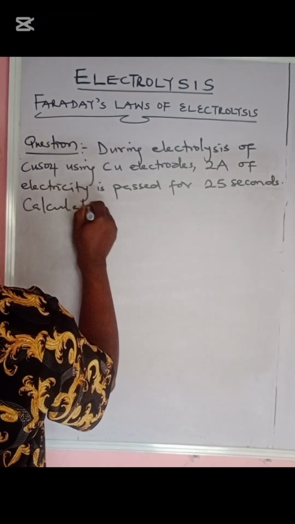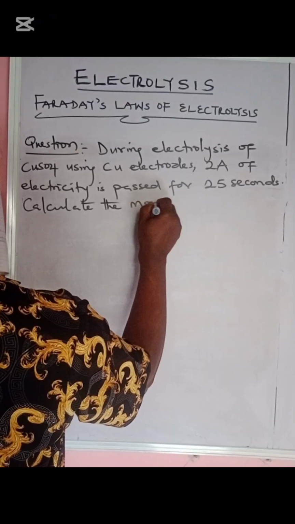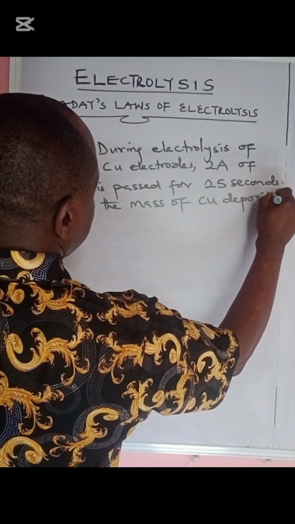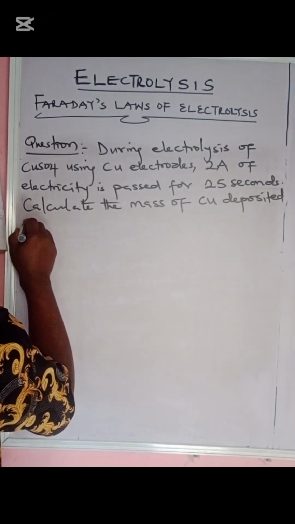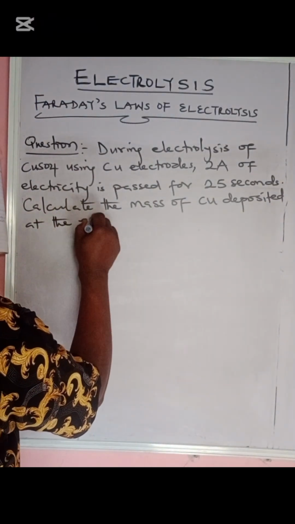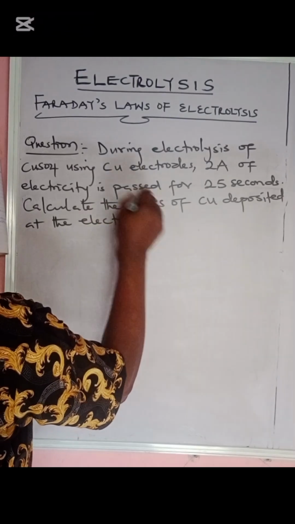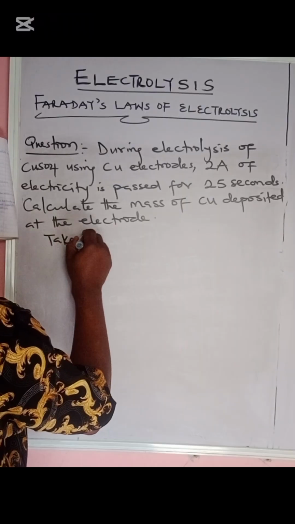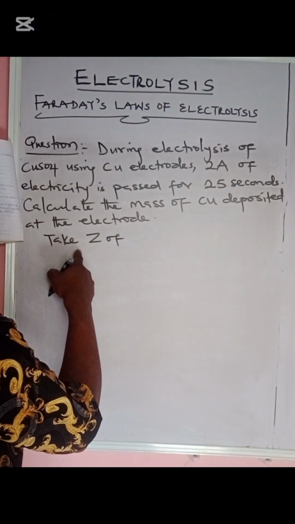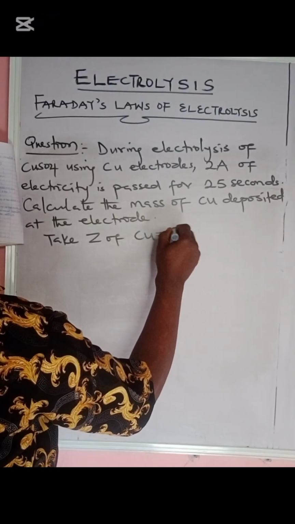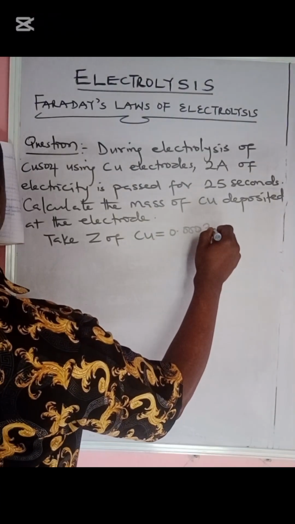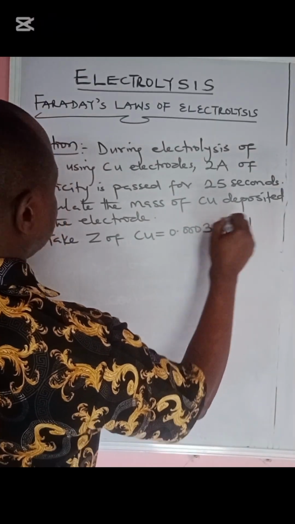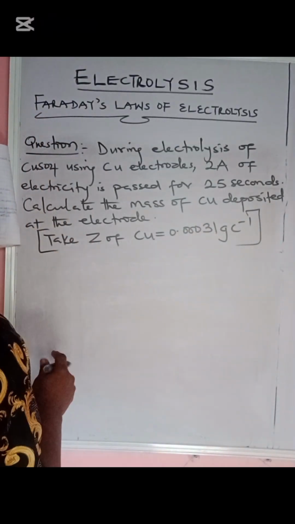Calculate the mass of copper deposited at the electrodes. Take Z, the electrochemical equivalent of copper, to be 0.00031 gram per coulomb. This is what we are given.